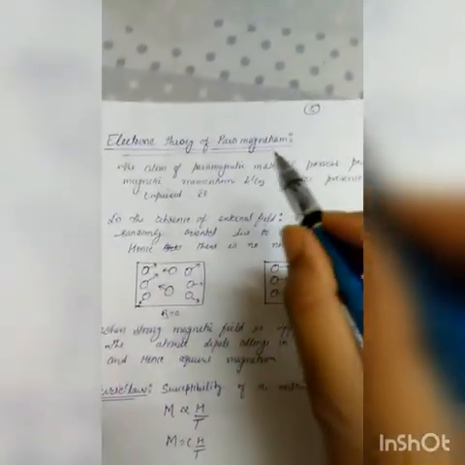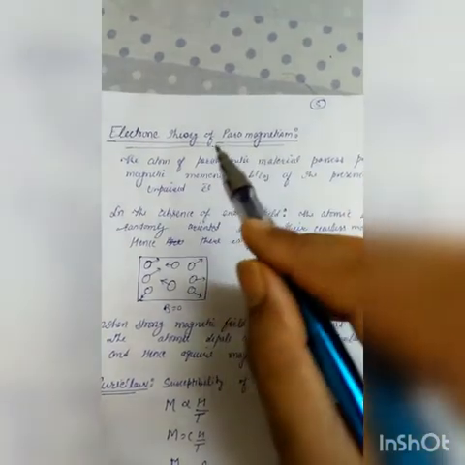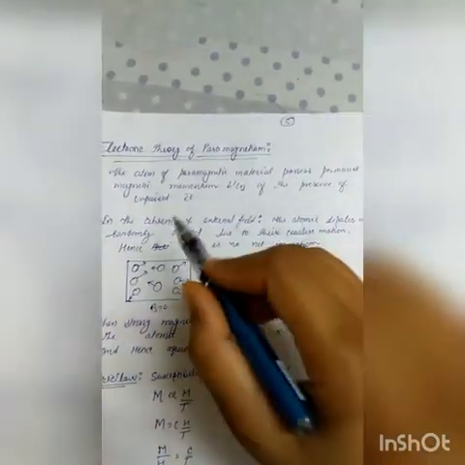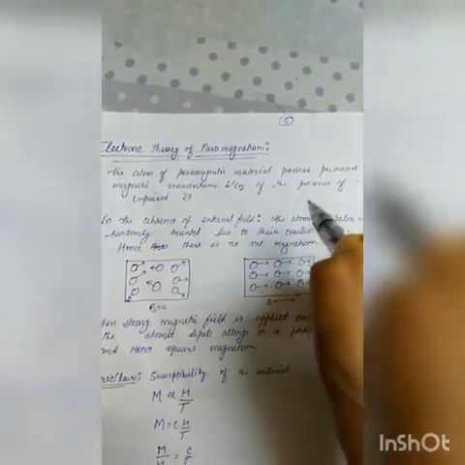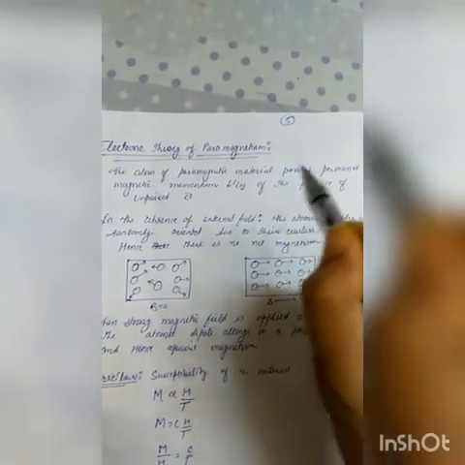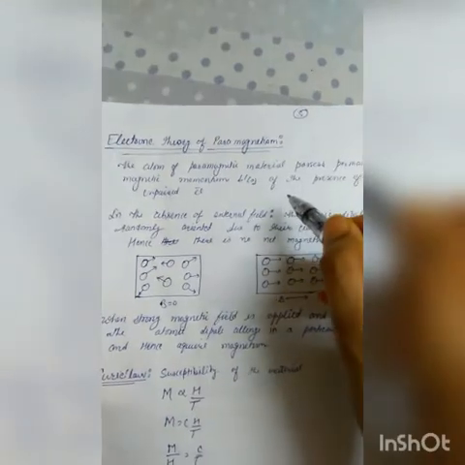Next we have the electron theory of paramagnetism. The atom of the paramagnetic material possesses a permanent magnetic dipole moment because of the presence of the unpaired electron.